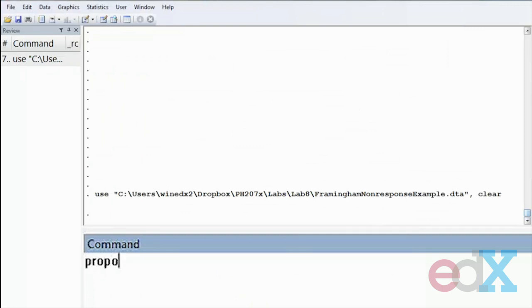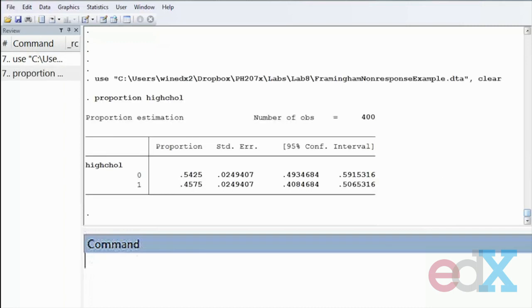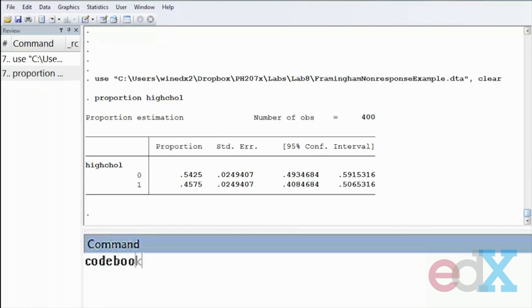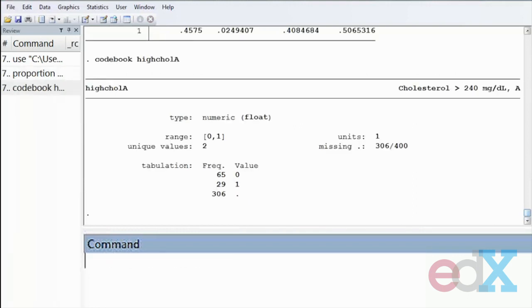We would just type proportion, high chol. If everyone would have returned, we would have gotten an estimate of high cholesterol that is 45.75%. So that's the estimated proportion among the 400 people who returned. We have 400 observations here. Now if I type codebook, high chol A, we actually have 306 out of 400 observations missing for high chol A. So I mixed that up.